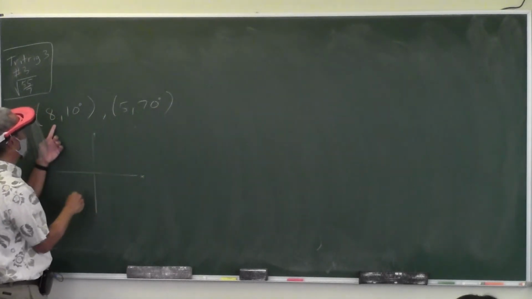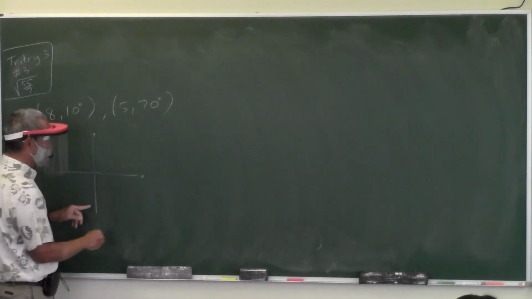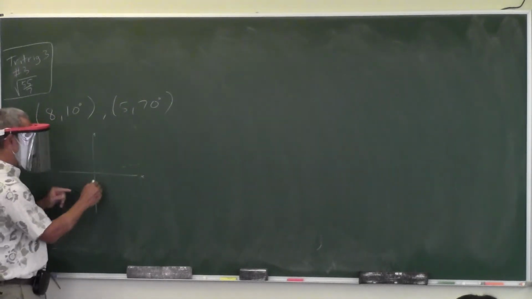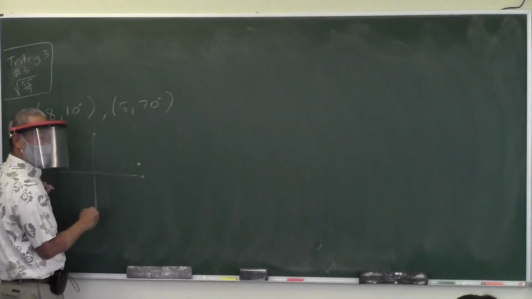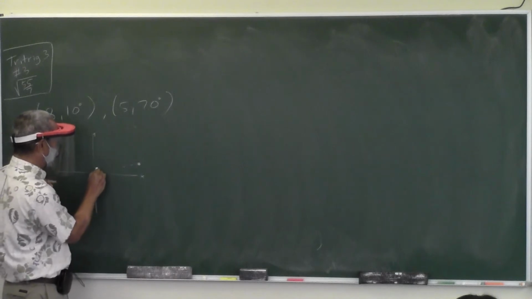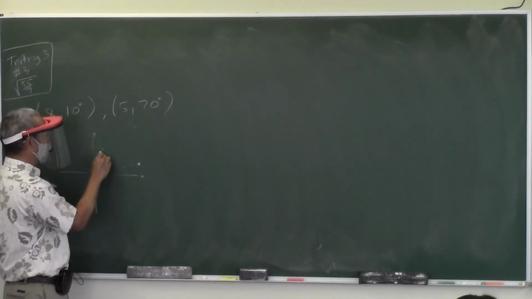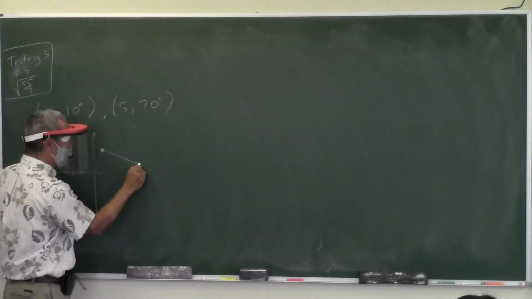Okay, how do you plot this point here? You measure off a 10-degree angle and then go 8 units from the origin. 1, 2, 3, 4, 5, okay, let's just say that's 8. Okay? How do I plot this point? You measure off a 70-degree angle, something like that, and then you go 5 units from the origin. Find the distance between those 2 points.